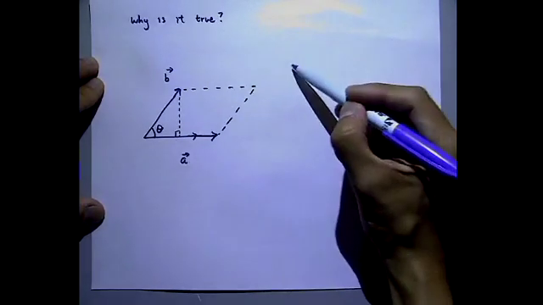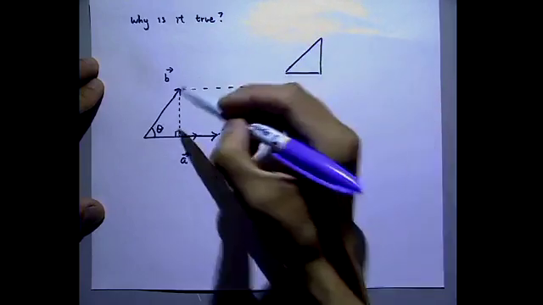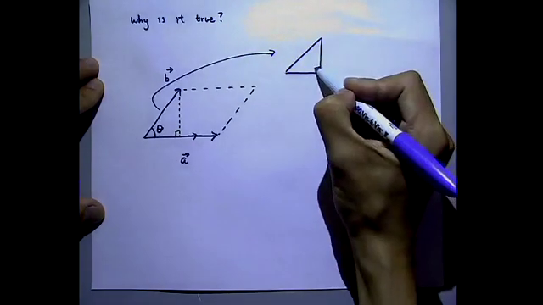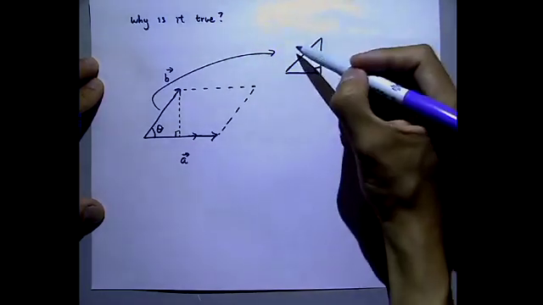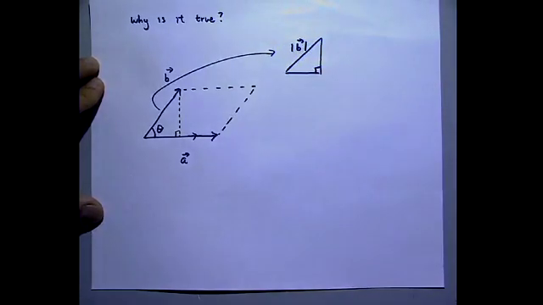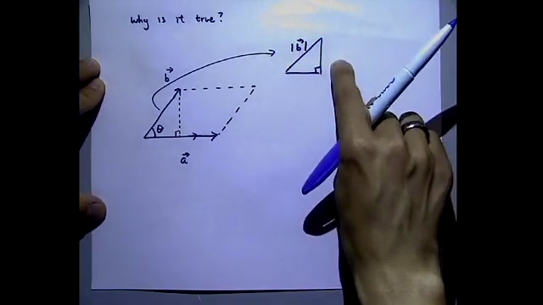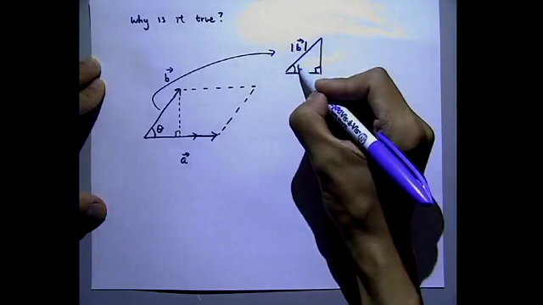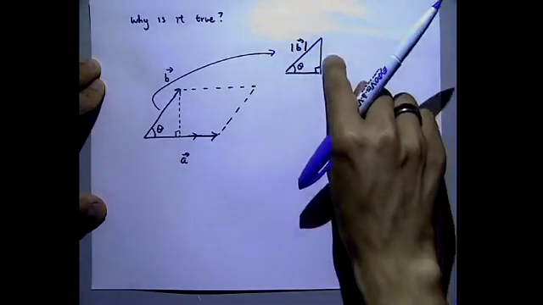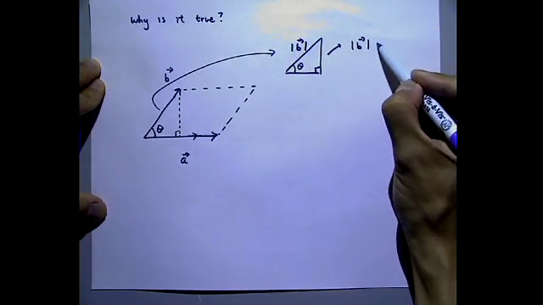Let's take a look at that triangle here. This is the right angle. The hypotenuse, of course, is the length of B. Yep? And then, because this is theta, we know that this side must be equal to B sine theta.